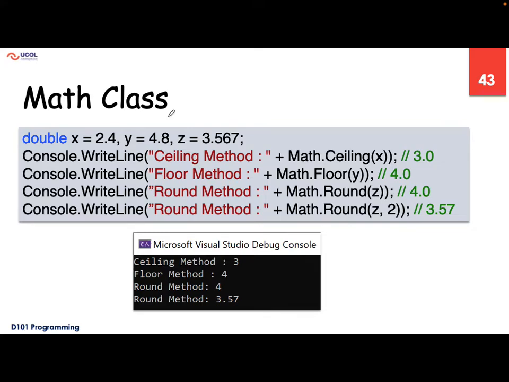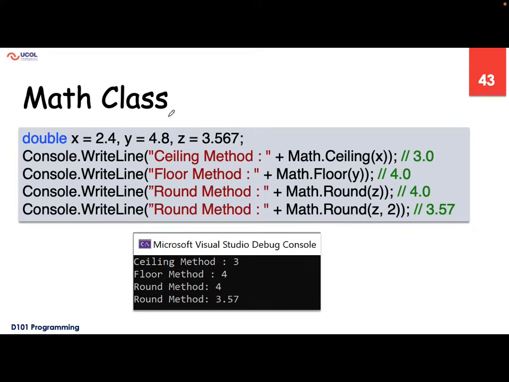And then we have the round method, applied on z. 3.567, if you say only z, it will round to a complete number. The 6 will become 7, and 3.6 will become 4.